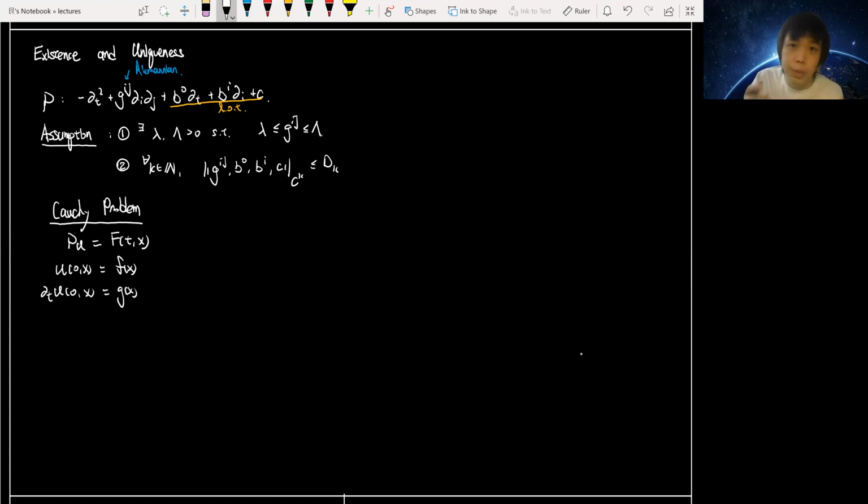Here I'm using x to stand for the space variables x, y, and z. So this system is the Cauchy initial value problem. And these three functions, capital F, small f, and g, play different roles. We are going to call capital F the source, and the other two, we are going to call them initial data.